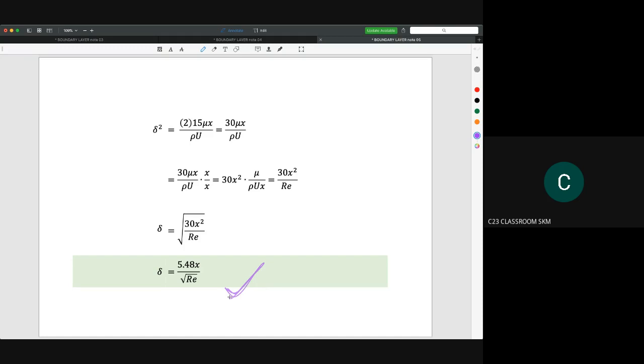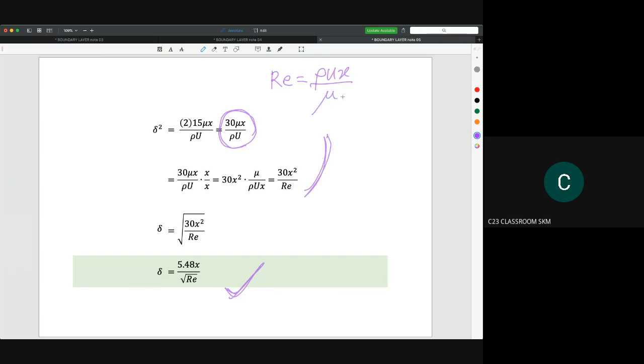If you do this at home, after you substitute everything and rearrange from left to right, you will get only this term, 30 mu x over rho u. It seems that there is no Reynolds number there. What you can do here is, you know that Reynolds number is rho u x over mu.